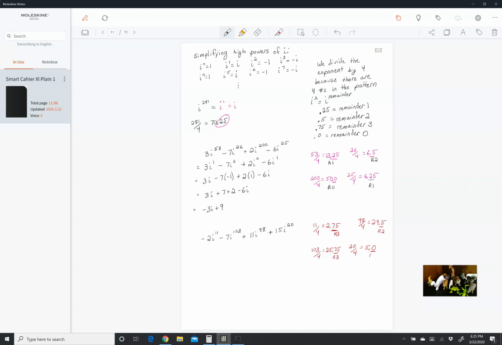And 0.0, a remainder of 0. So we can just rewrite each of these. We get negative 2i to the third minus 7i to the third plus 11i squared plus 5i to the 0.